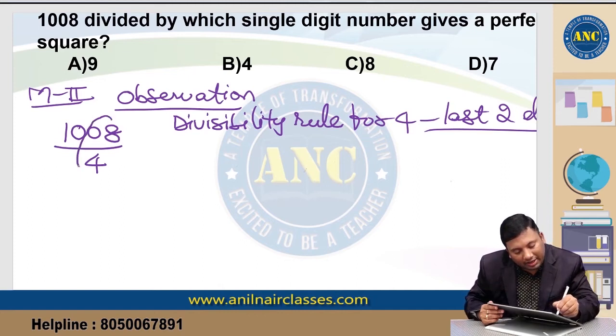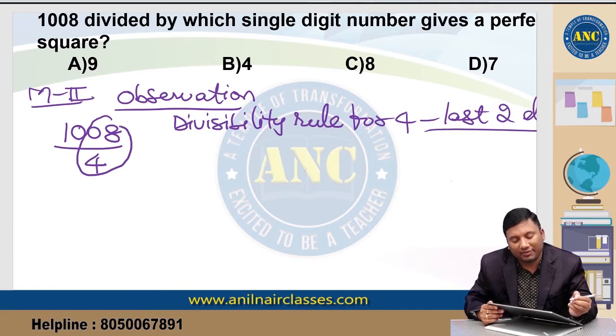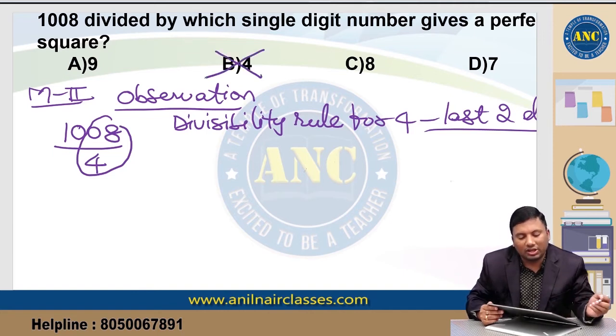So 8 divided by 4 will become 2. A perfect square never ends with 2, 3, 7 or 8. Are you all with me?